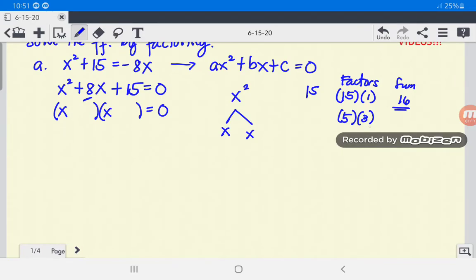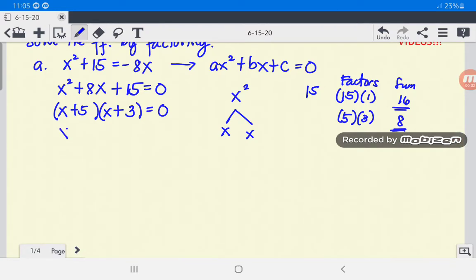Now, if you get the sum of that, the result is 8. So, therefore, since the sum is 8, which is the numerical coefficient of the middle term, the factors are x plus 5 and then x plus 3.